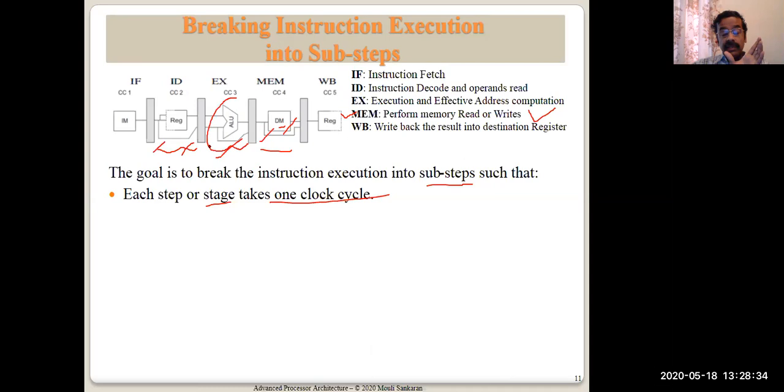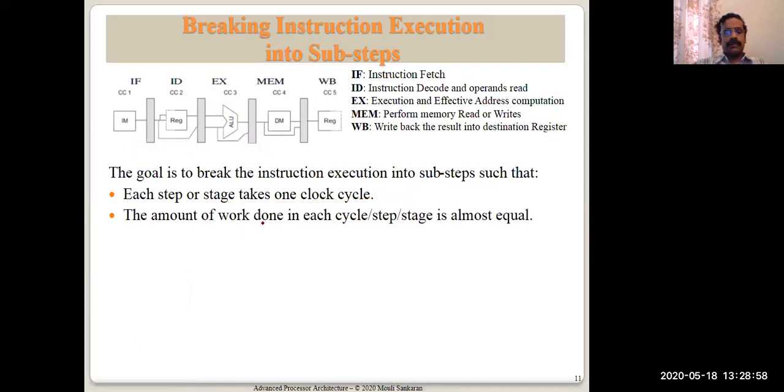If one of the stages takes more than 1 clock cycle, the remaining instructions also will be blocked. You cannot proceed further until the previous one has moved further. There is a possibility that some instruction may get delayed, but in a normal flow of operation, it should not take more than a cycle. It is supposed to take 1 cycle in each stage. The amount of work done in each stage is almost equal.